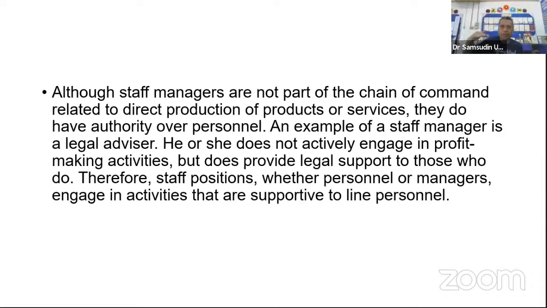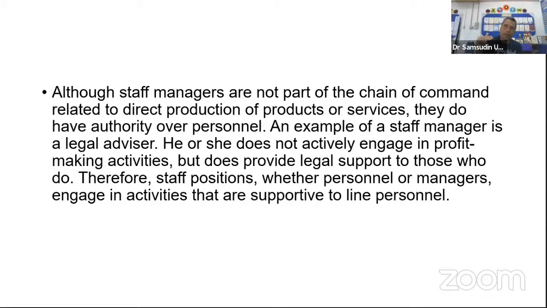Who owns the power? The manager. But they have authority over the personnel, for example in the administration department. Normally they also have a link; I call it the power over others.